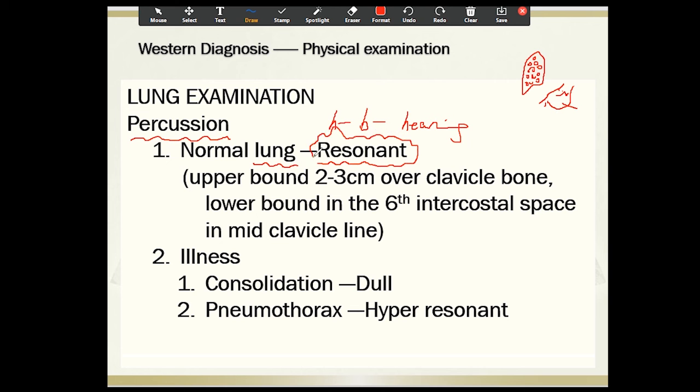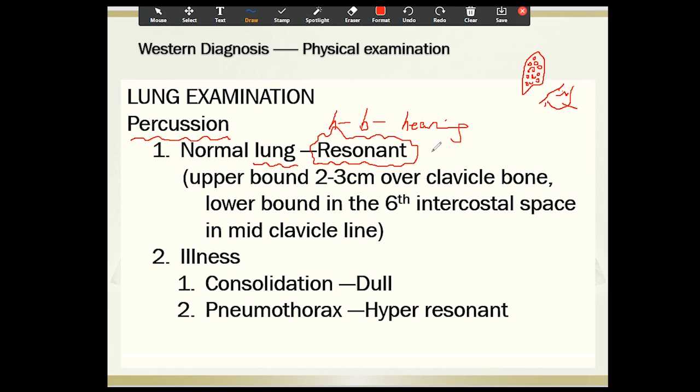You can even percuss your own lung and compare with your stomach, your liver, and your heart. The sounds will be different. So you can percuss yourself and compare the sounds coming from different parts of the body.